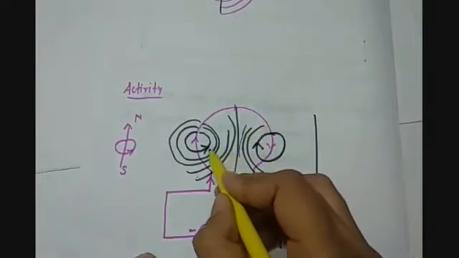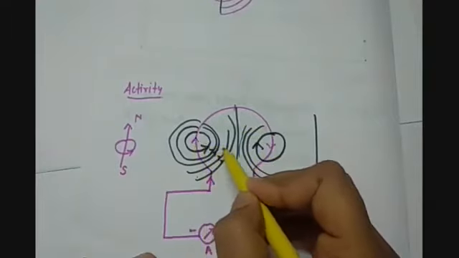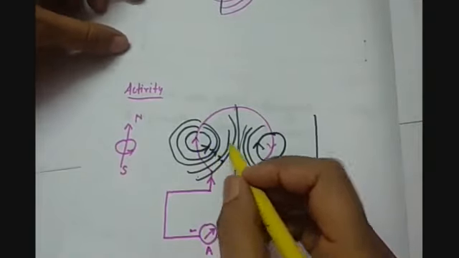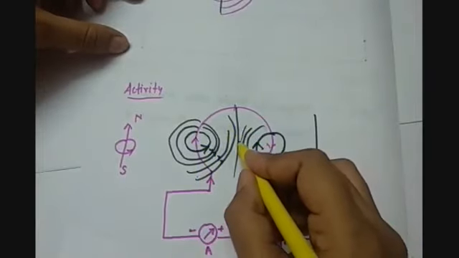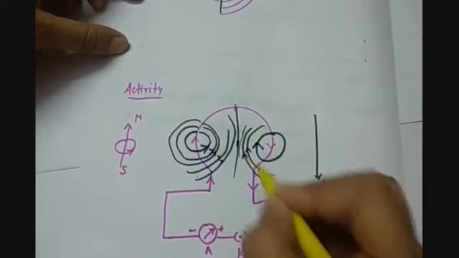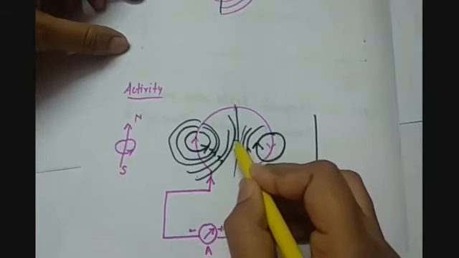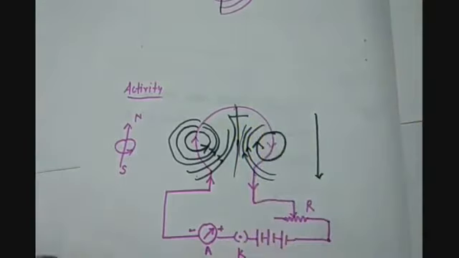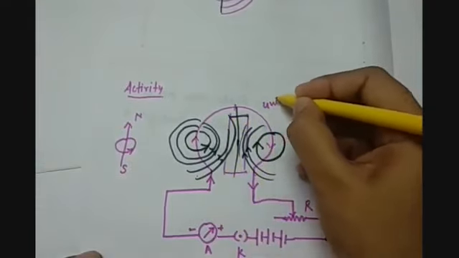And we know that as we go away from the conducting wire, the magnetic field strength decreases and the gap between the magnetic field lines increases. So as these circles become bigger and bigger, at the center of the circular loop from both sides, the magnetic field lines almost become parallel to each other, and hence at the center of the circular loop we have a uniform magnetic field.